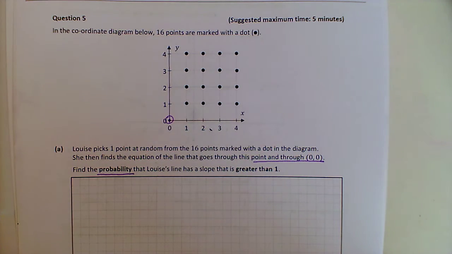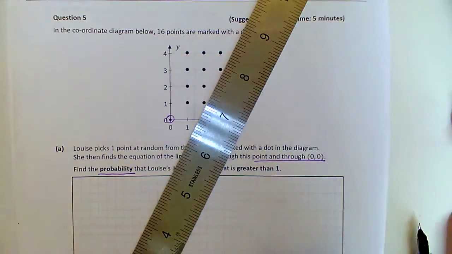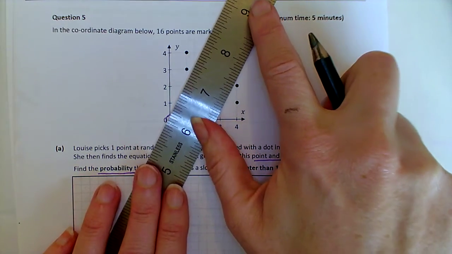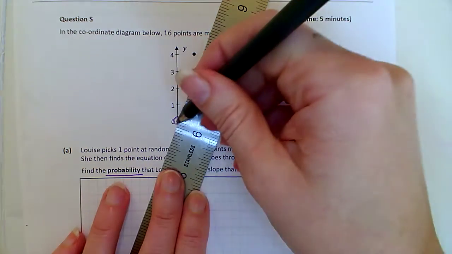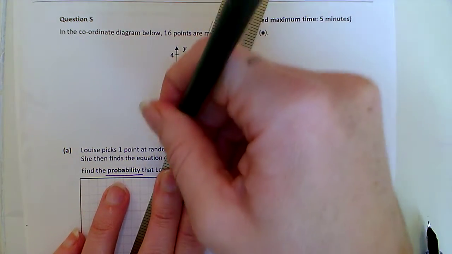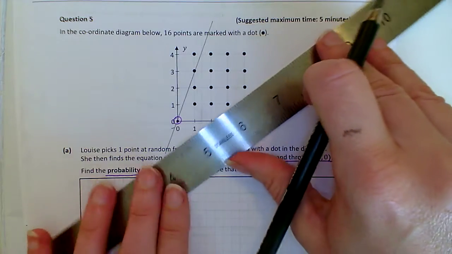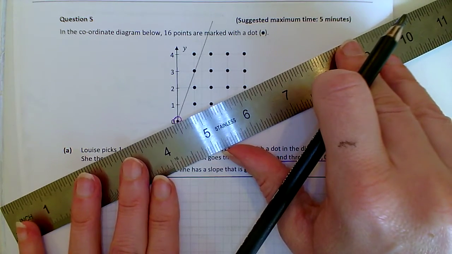The question here is to find the probability that the line that Louise picks has a slope that is greater than 1. So let's look at the different kinds of lines that she could draw. She could have picked, for example, this point up here, just as an example. So she could have done the equation of this line, or she could have picked maybe this point over here.